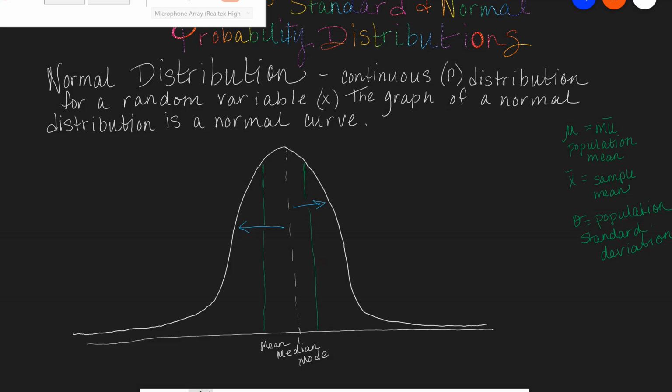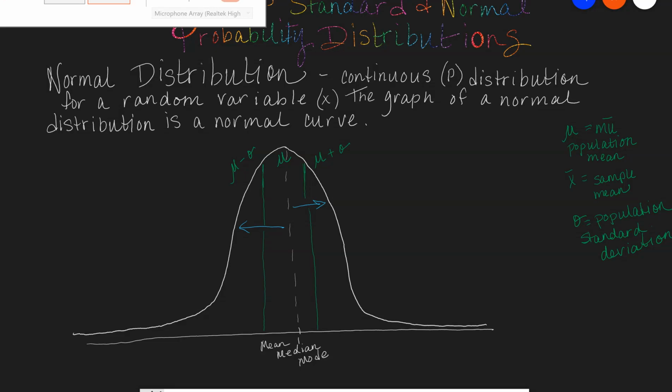And so right about here is what I want to be mu. There's our population mean. And this first line is mu, the mean, plus sigma, one standard deviation above the mean. This line over here is mu minus one standard deviation, so it's one standard deviation below the mean.